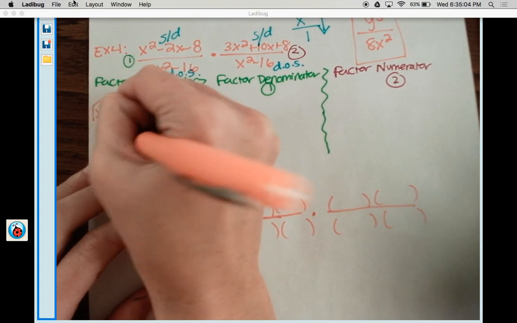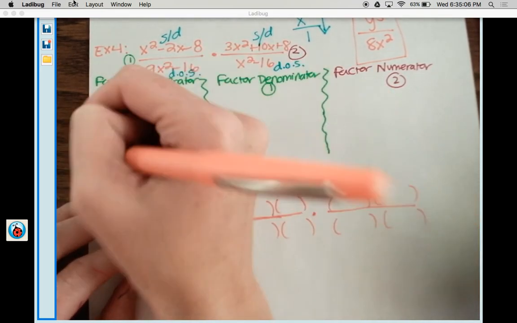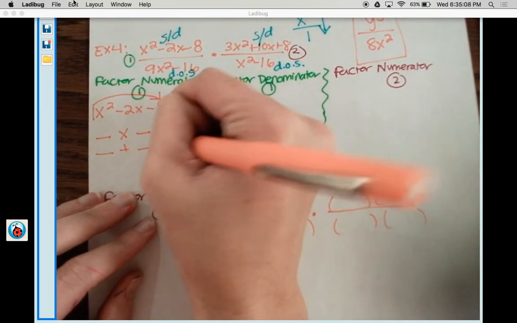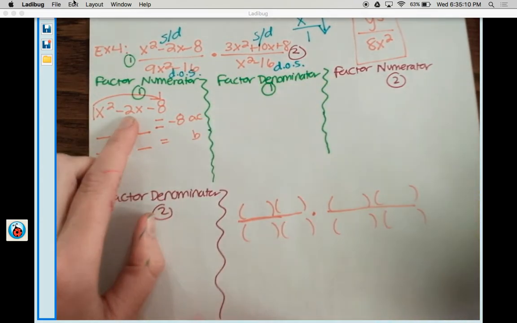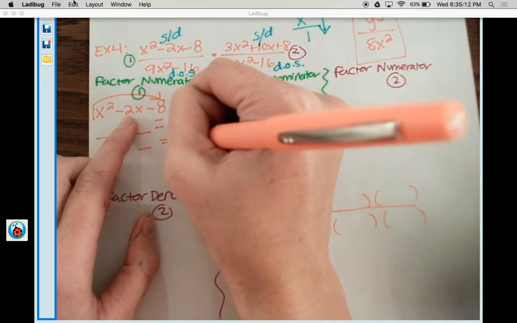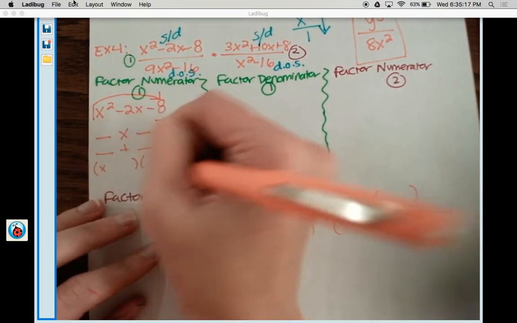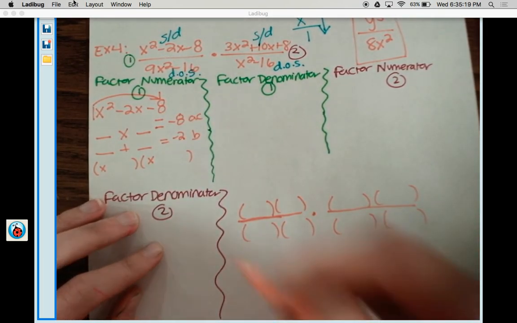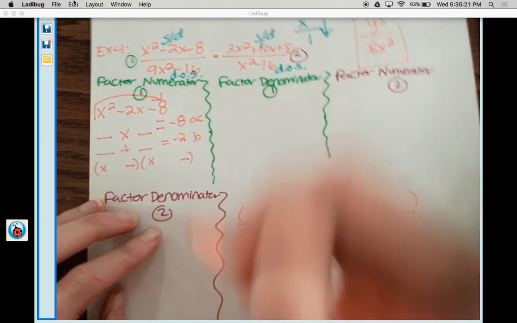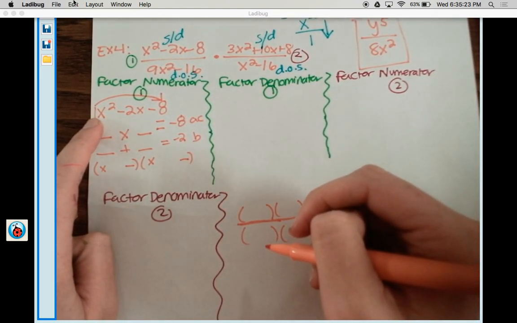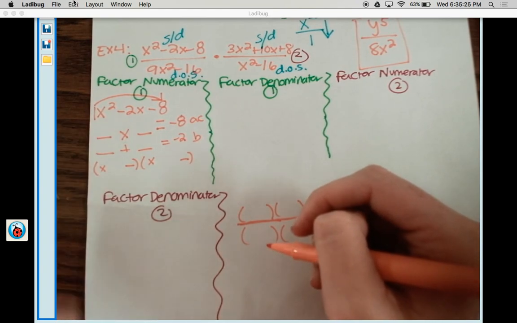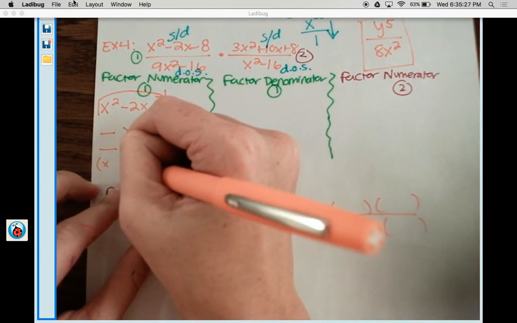And remember, we want 2 numbers that multiply to be AC and 2 numbers that add to be b, which is the number in front of the x, which is negative 2. And don't forget, in our final answer we're going to have x's, and we divide by what we slide by. We slide by a, which means we divide by a. So eventually, we're going to divide by 1.